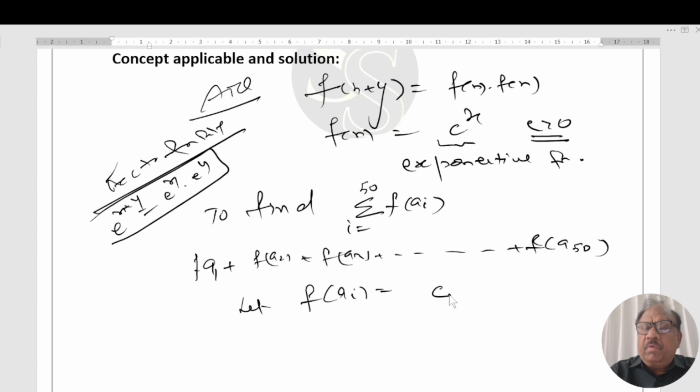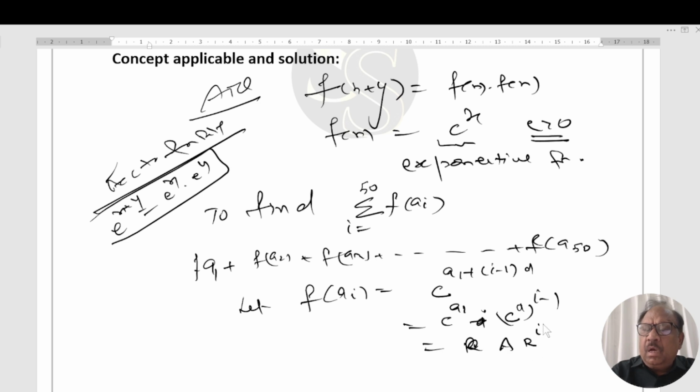an exponential function e to the power a_i. Then a_i is a1 plus (i minus 1) into d. This can be written as e to the power a1 plus e to the power d to the power (i minus 1), a product, that is a times r to the power (i minus 1).